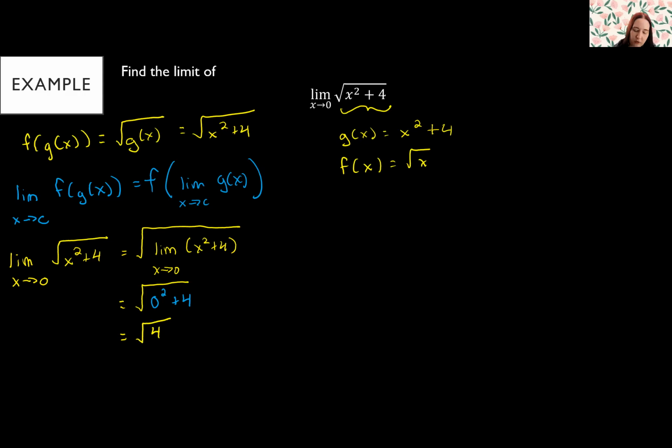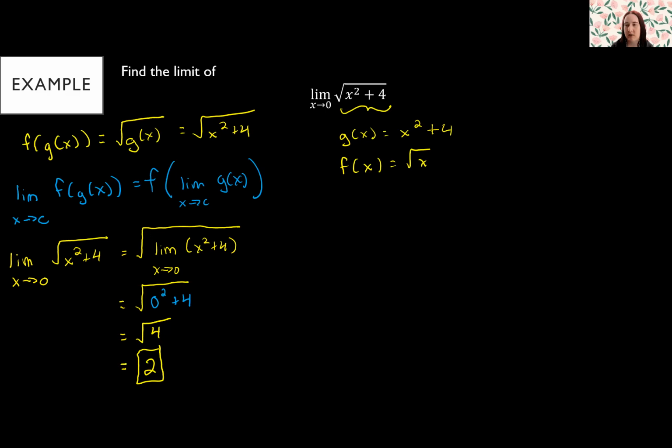And then when we're evaluating here, we assume the positive answer because we're not solving. When you're dealing with square roots, you can have a plus or minus, but it's when you're solving that you use a plus or a minus. We are evaluating, we're not solving for x, so we use the positive.